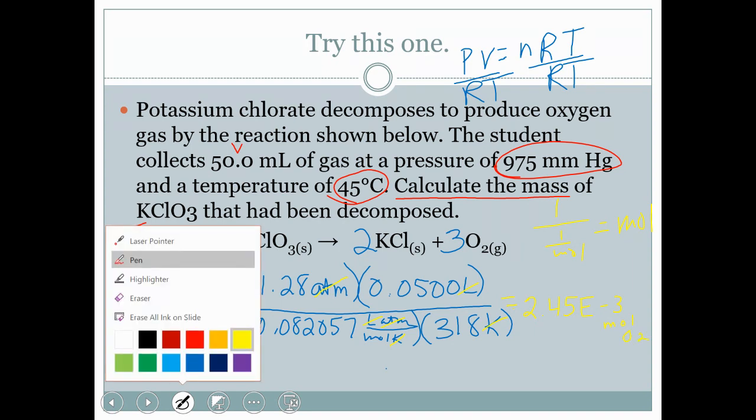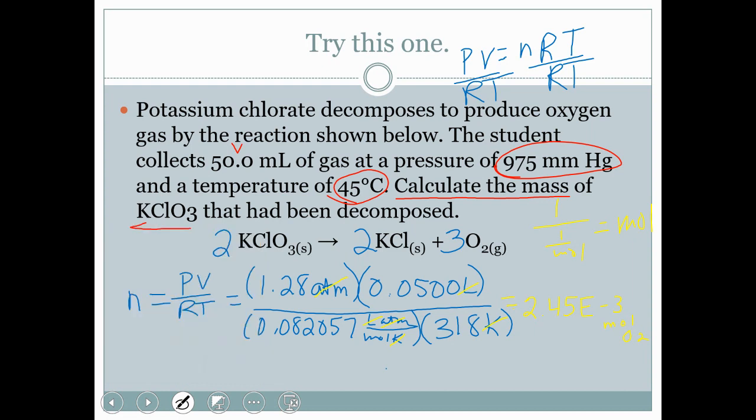Okay, and that's important because if we don't know which one it is in the balanced chemical equation, then we might get the mole-mole ratio wrong. So we are eventually trying to calculate the mass of the KClO3, but we are starting with moles of oxygen. So we do need to do the mole-to-mole ratio.